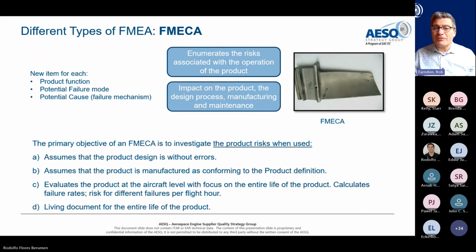So here is a profoundly different one. Some would say it's not profoundly different, but it's a supporting activity. What we're seeking to do in a system safety assessment, a FMECA, is a type of system safety assessment, but we're trying to enumerate risks associated with the operation of the product in the customer's hands.